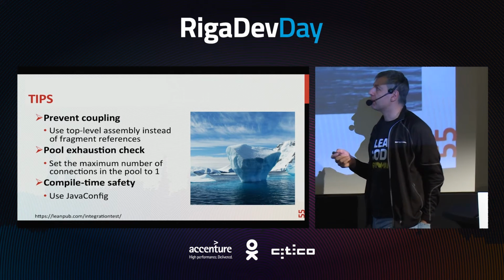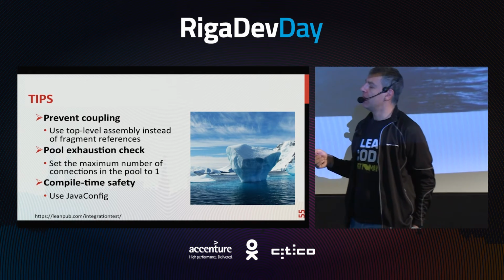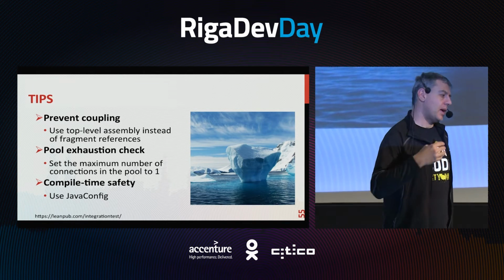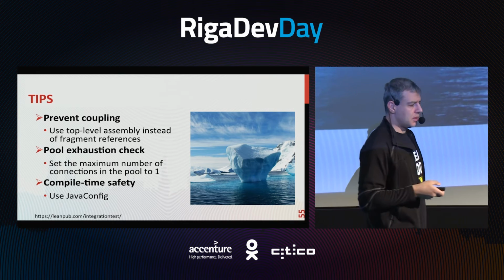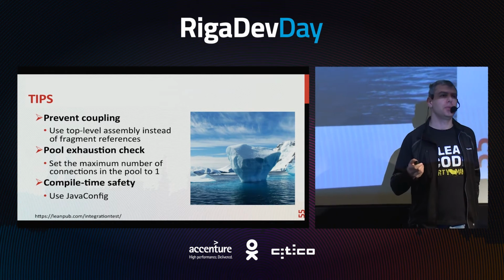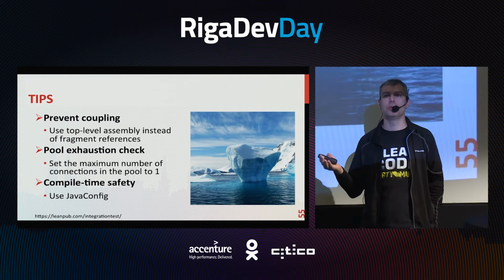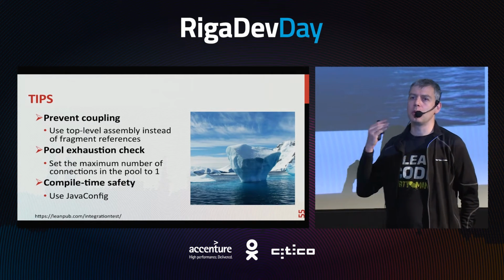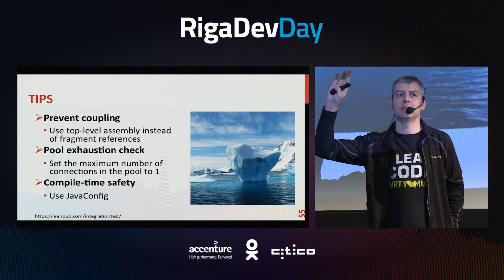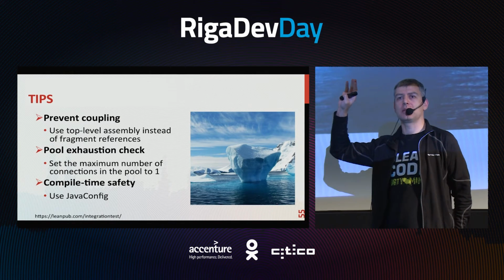Second tip: how many times did it happen that you used a framework on a big project, everything went nicely, and then in production at some point you had exhausted your pool of connections because someone forgot to close the connection? Maybe it happened a few times.